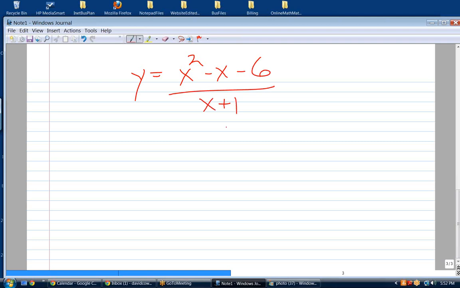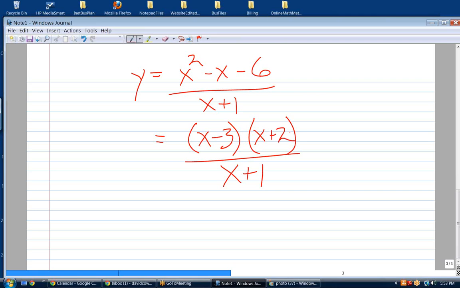In keeping with my previous statements, let's factor the top. The biggest reason to factor it is there may be an x plus 1 in it. But there isn't. It'd be x minus 3 times x plus 2, to get the negative 1.